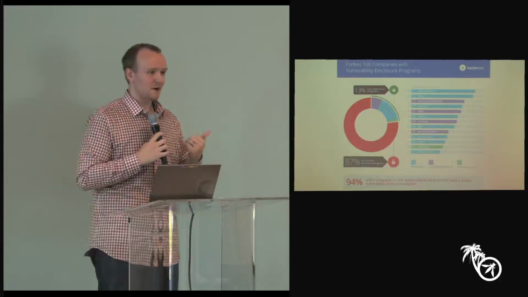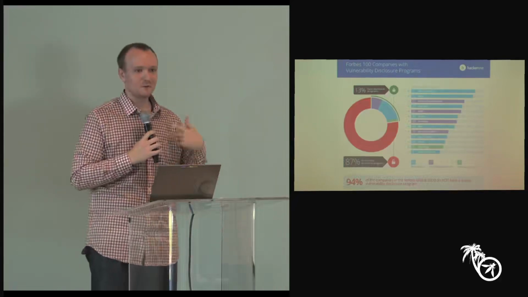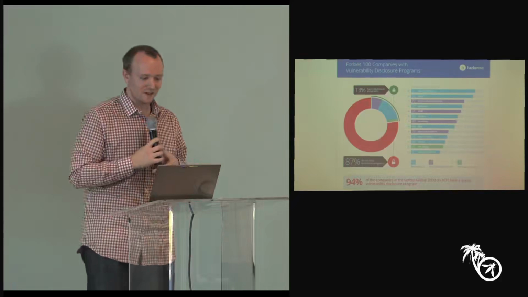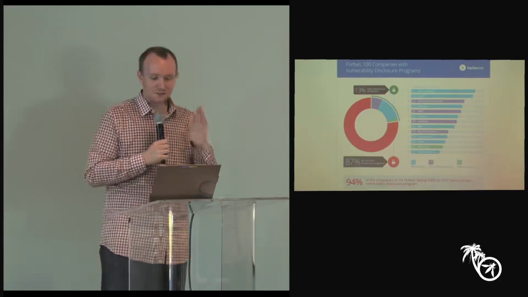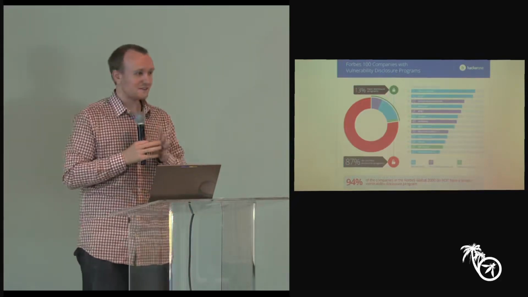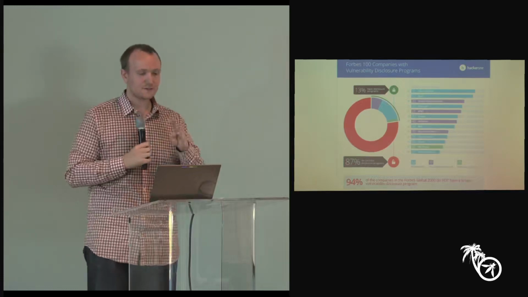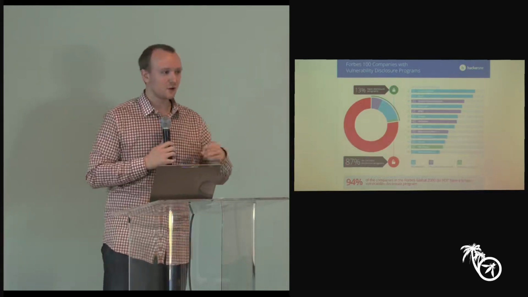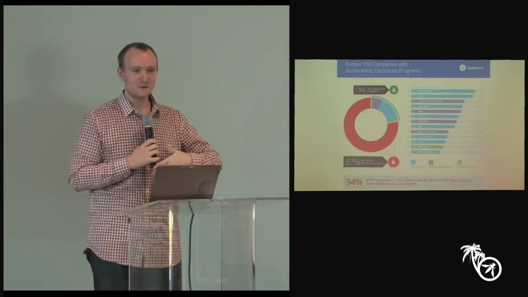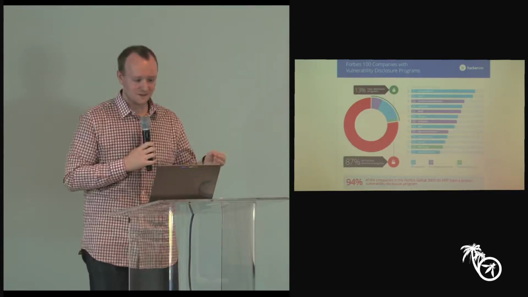This is from their help center. We reached out to press teams, we contacted security addresses, and just focusing on the Forbes 100, it's sad. There are only 13 companies of the largest 100 companies in the world that, if you found a vulnerability today, would have told you what to do with it.